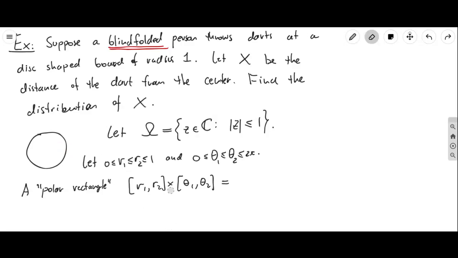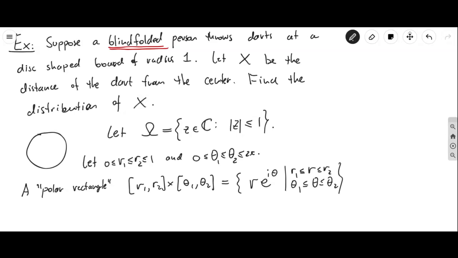So rather, I'm going to denote this cross notation for a polar rectangle. So this is just going to be defined as the set of points of the form r e to the i theta, where r is between r1 and r2, and theta is between theta 1 and theta 2.